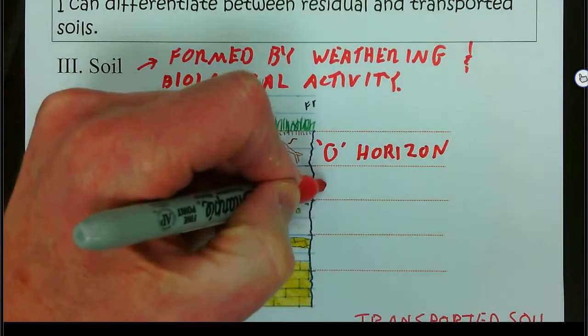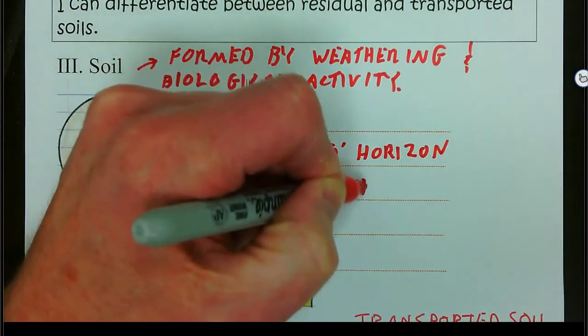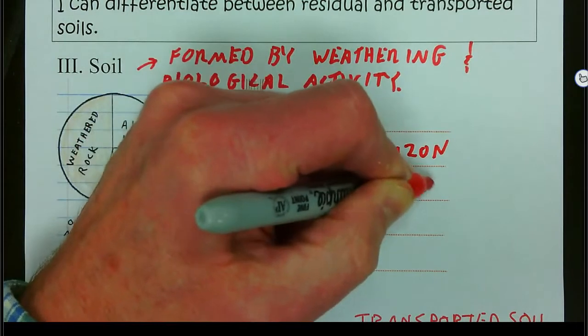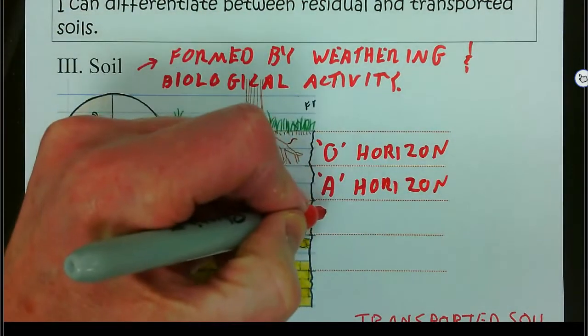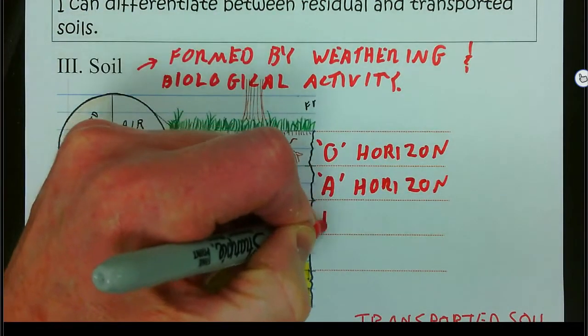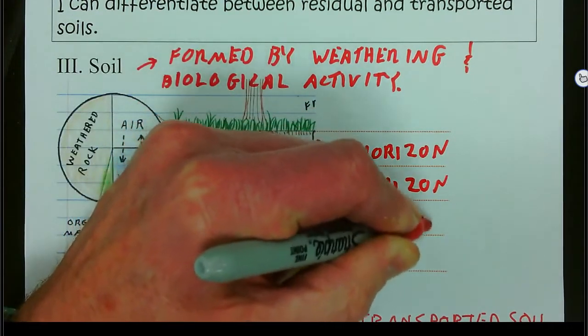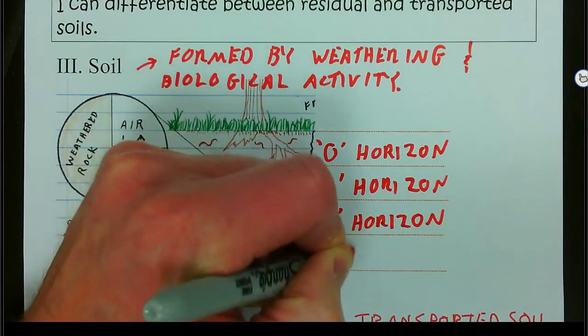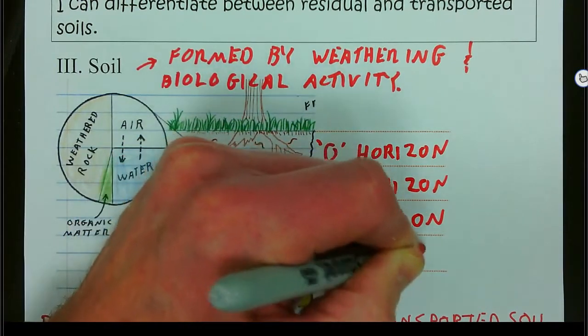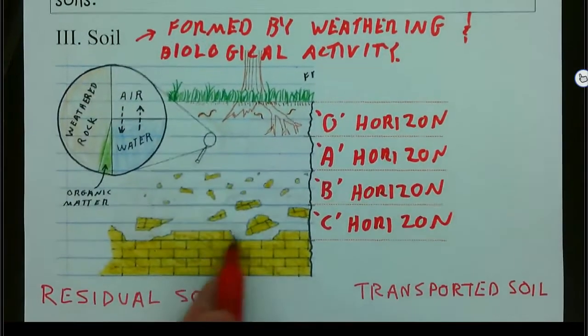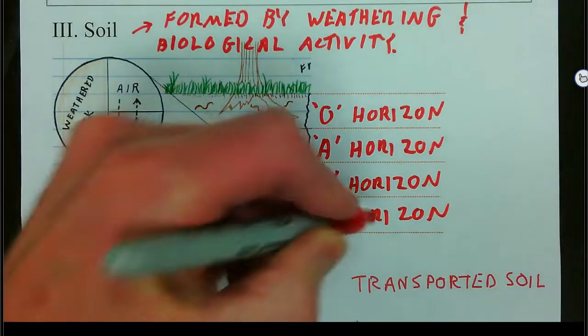The next layer down is the A horizon, then the B and C horizon. And then down at the bottom, we hit solid bedrock.